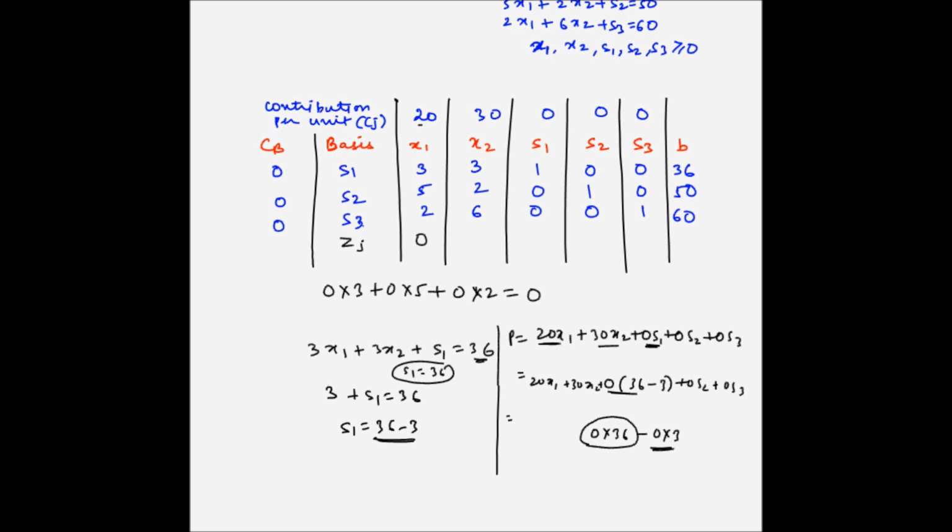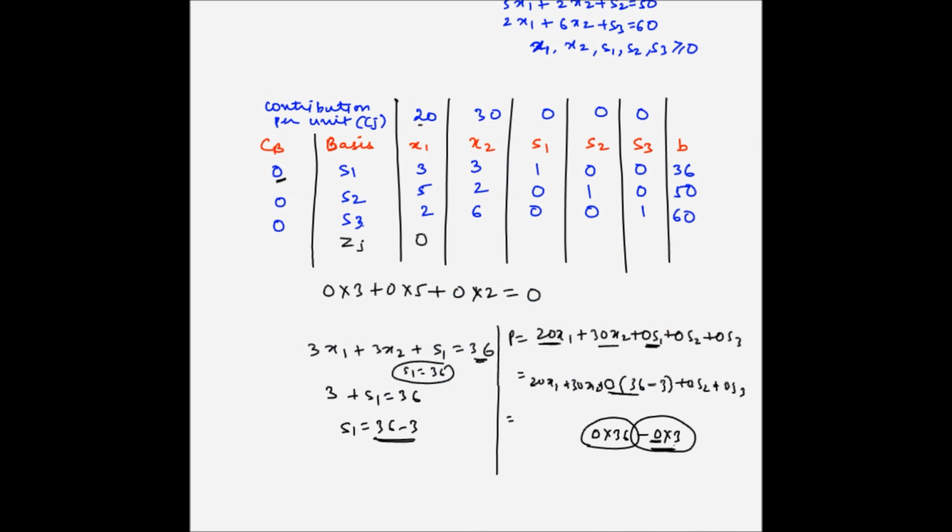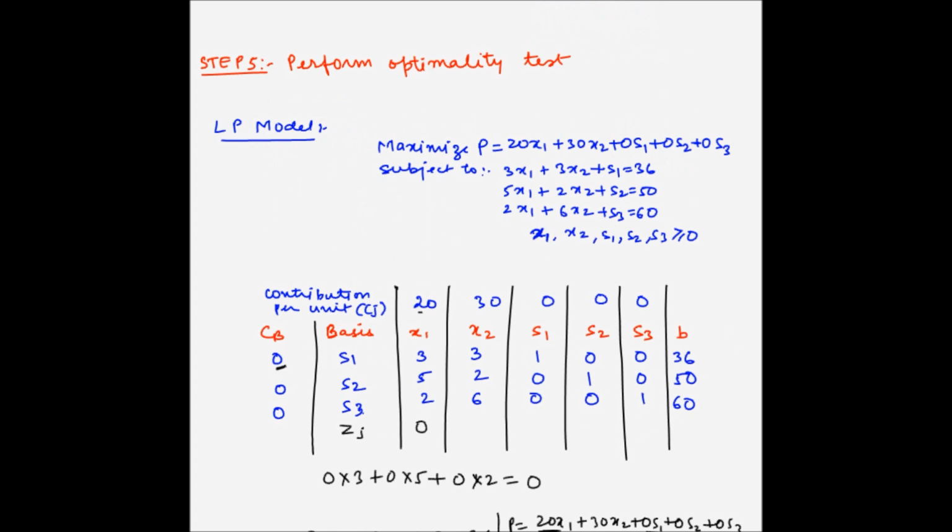So the only change now, if we add x1, is that we are reducing the profit by 0 multiplied by 3. What is 0? 0 is the coefficient of S1, which is represented here. And what is 3? 3 is the coefficient of x1 in the first constraint, which is represented here. That is why for the first constraint we multiply 3 with 0.